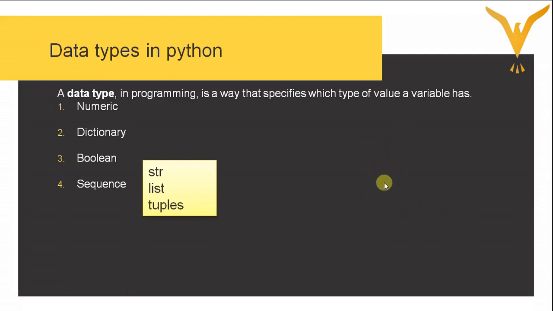So in order to create a string, you either have to specify your character sequence in double quotes, or you can specify it in single quotes. Okay, so there is one more type of sequence in Python which is known as list, okay, and tuple. So again, we have a dedicated chapter on list and tuple, so we are going to see those two things later.